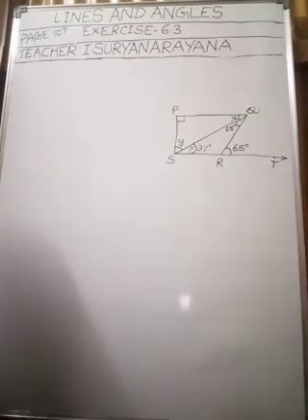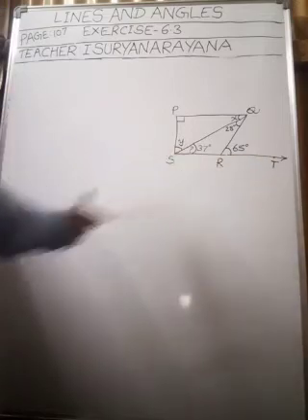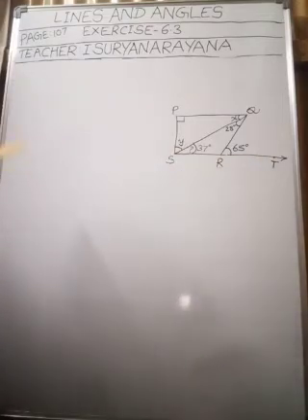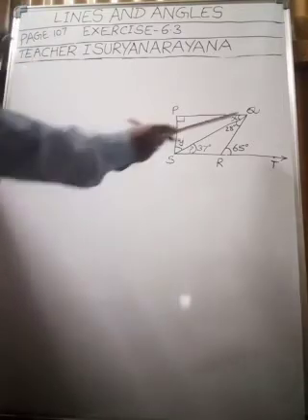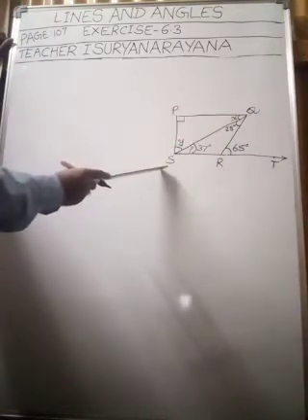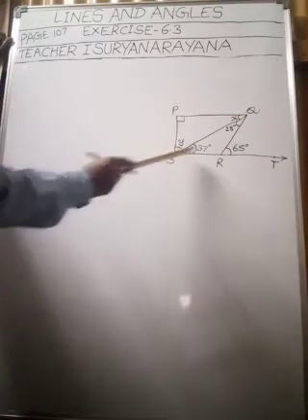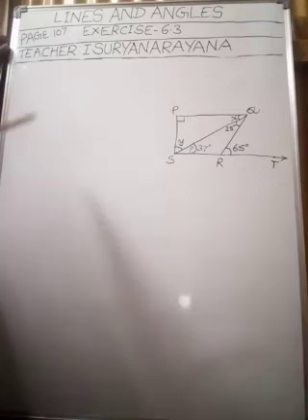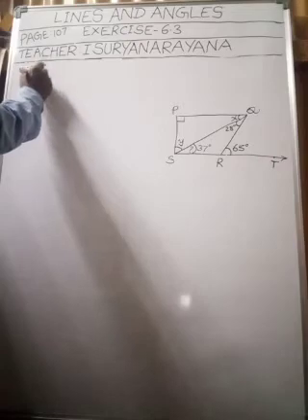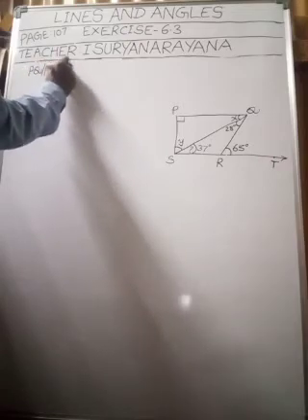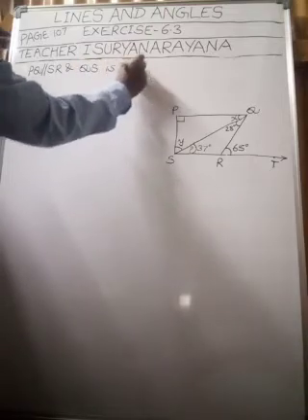Now, come to this part. PQ is parallel to SR. It is given, isn't it or not, my children? Given PQ is parallel to SR. And if you take QS as transversal, then angle PQS is equal to angle QSR. Isn't it or not, my children? Right. PQ is parallel to SR and QS is a transversal.